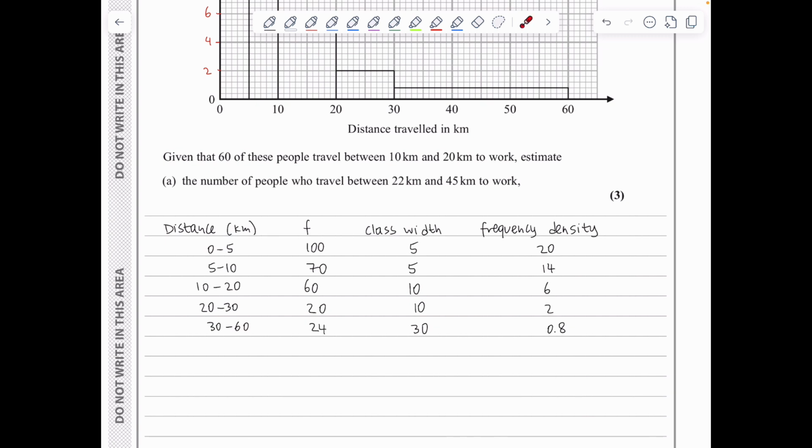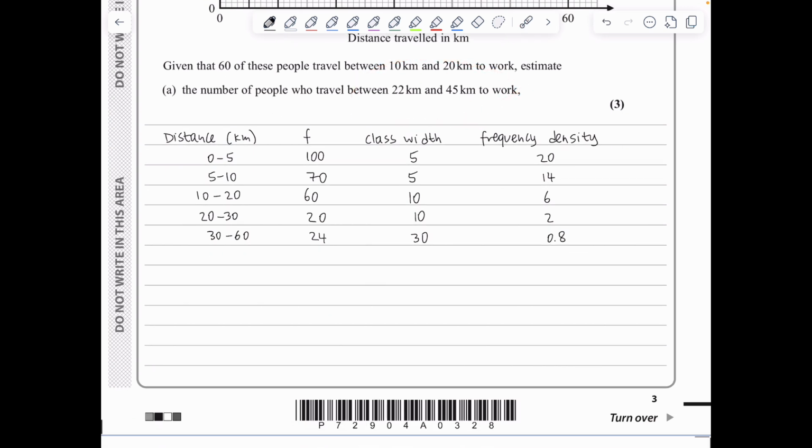Well, we've been asked to estimate how many people travel between 22 and 45 kilometers. So 22 to 45 kilometers. This means that we will be looking at surely the class that spans between 20 and 30, and then the 30 to 60. Now 22 up to 30, it's 8 out of 10 of this class.